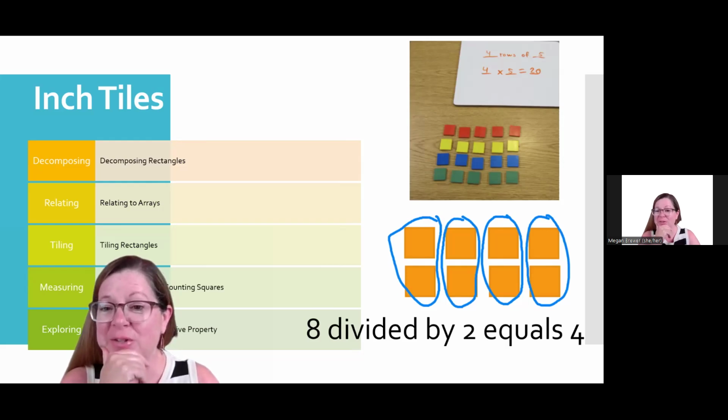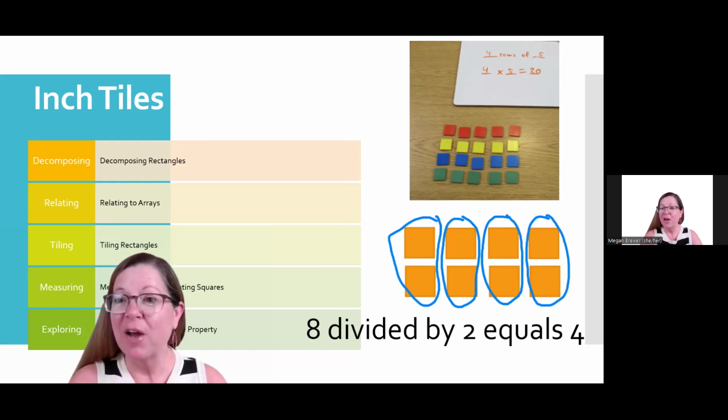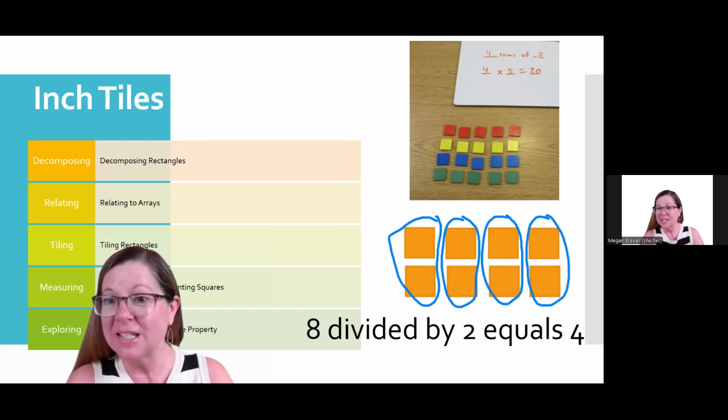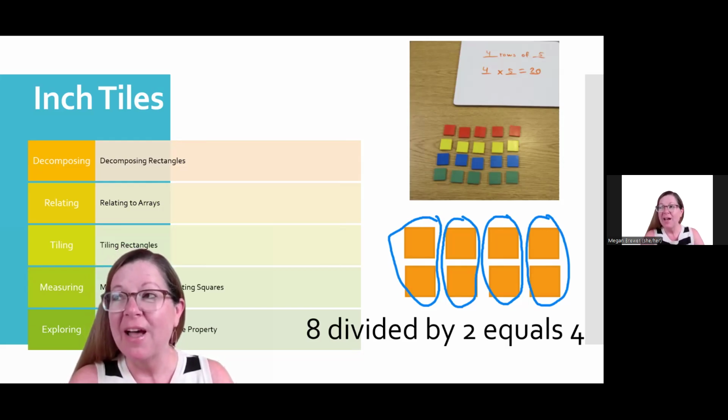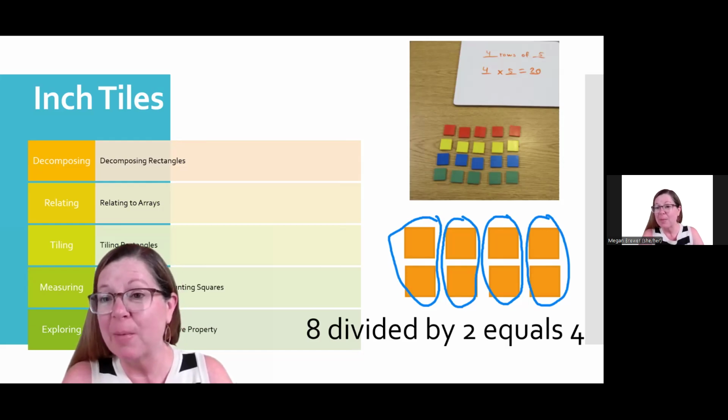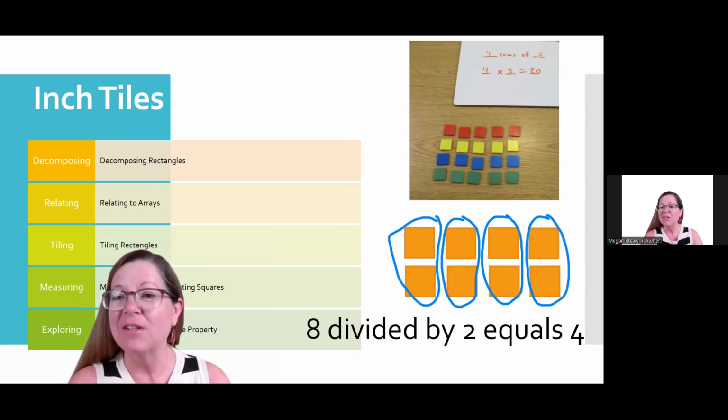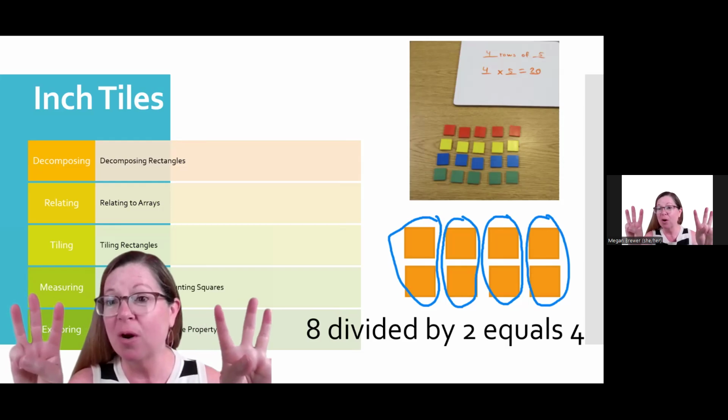Here's an example of how students could use the distributive property to help them with their multiplication problems. Let's say that I have forgotten 7 times 7 equals 49. Well, if I know the underlying concept of the distributive property, I know I can decompose, or break apart, one of those sevens into a 3 and a 4.